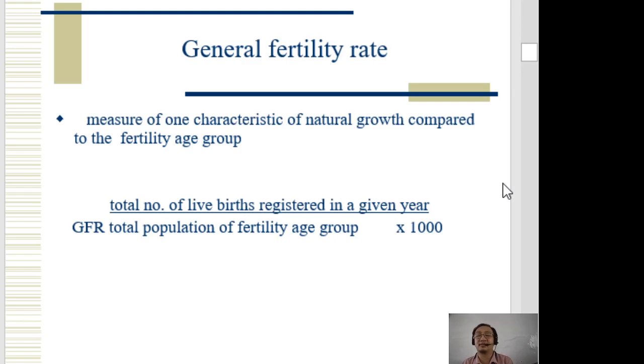Kapag 200 and above. The lower portion is 60 live births per 1,000 women. So the expected normal range should be from, let's say, 61 to 150 live births per 1,000 women. So that's the general fertility rate.